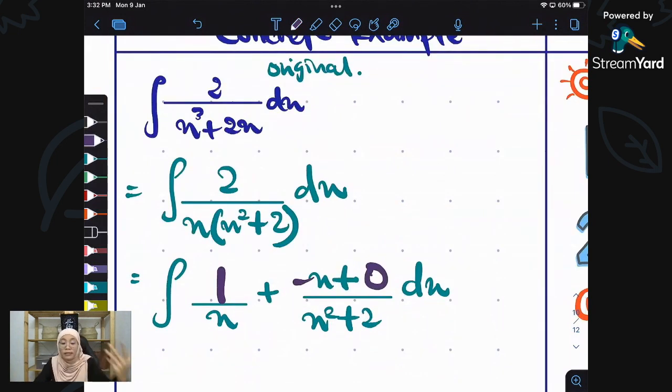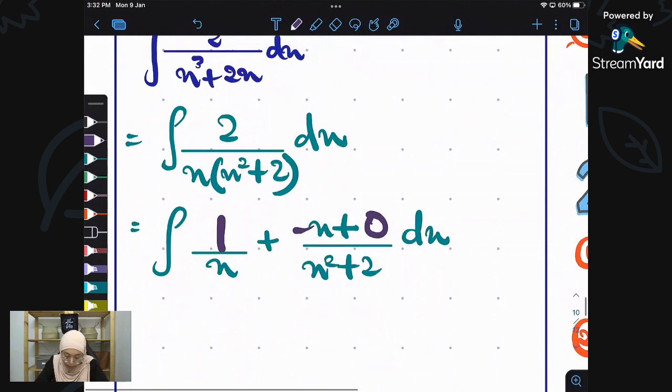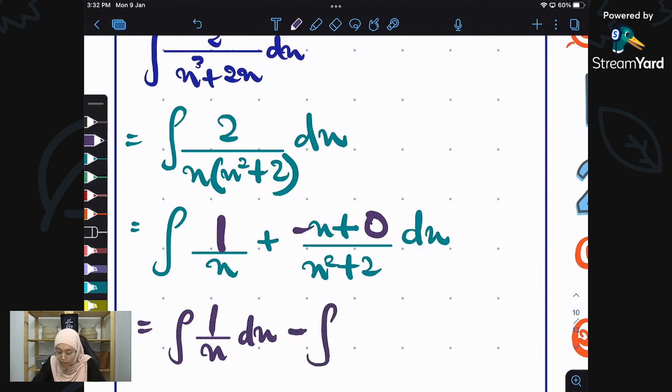Okay, and then this is the moment that we simplify it. We will get the integral of 1 over x dx minus another integral of x over x squared plus 2, tutupkan dengan dx. This is our integral yang sudah pun bersedia untuk diintegratekan.